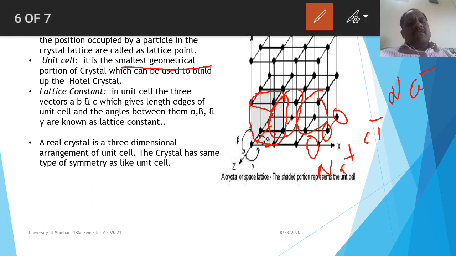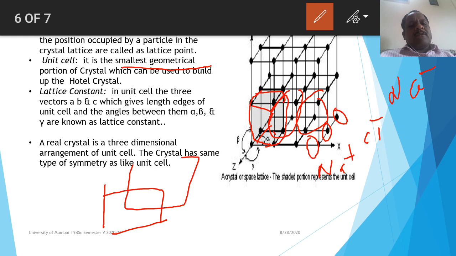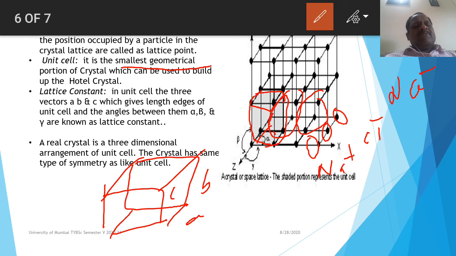Suppose this is a unit cell. These are the edges A, B and C. These are the three important edges of the unit cell, and the edges are apart from each other by some angle.